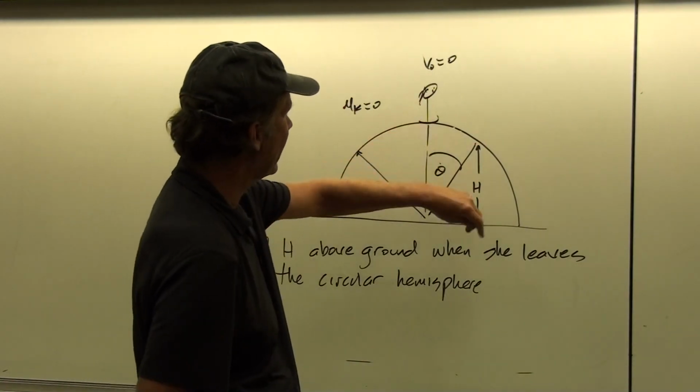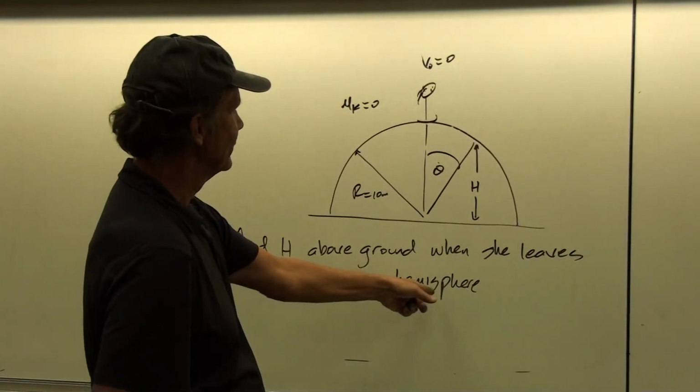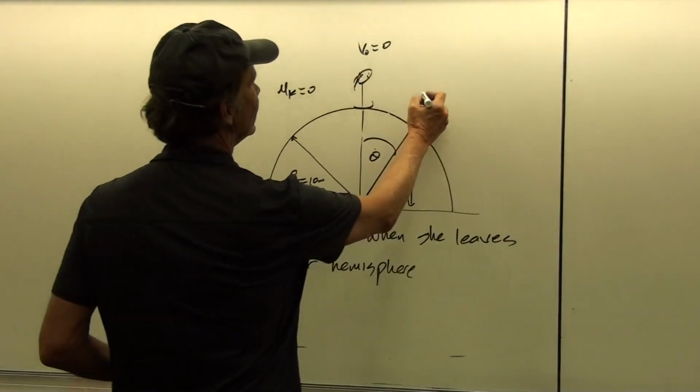So this is a circular path on a hemisphere. Circular hemisphere may sound a little redundant, but that's why I wrote it.